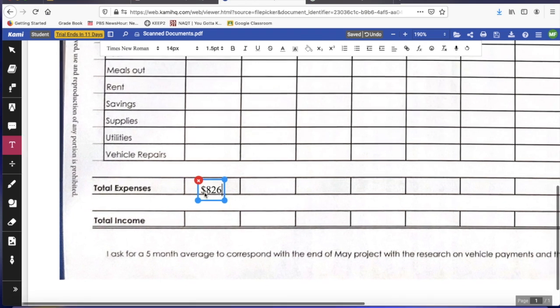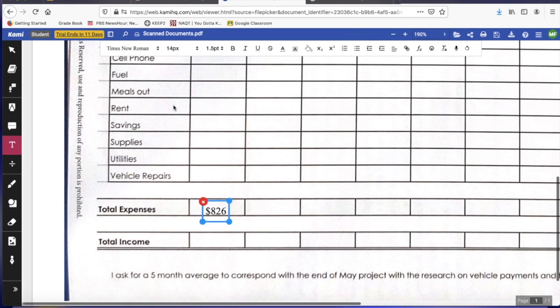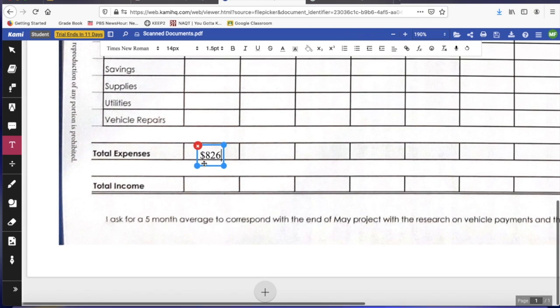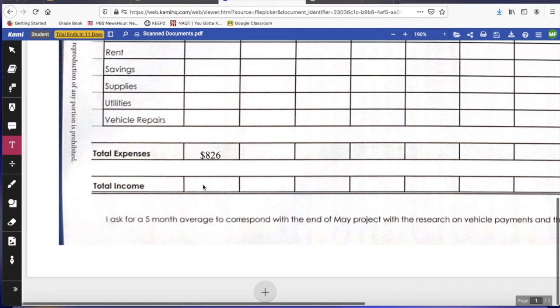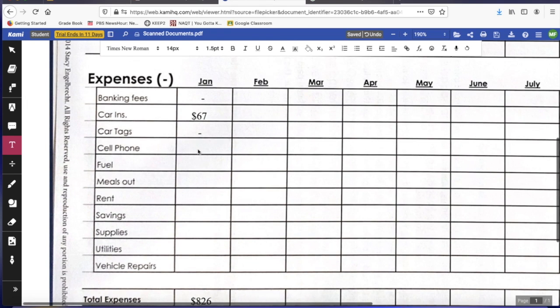So his net income is going to be your total here, the $1,230 minus the $826. Okay. So you take your calculator, and that would be $404.